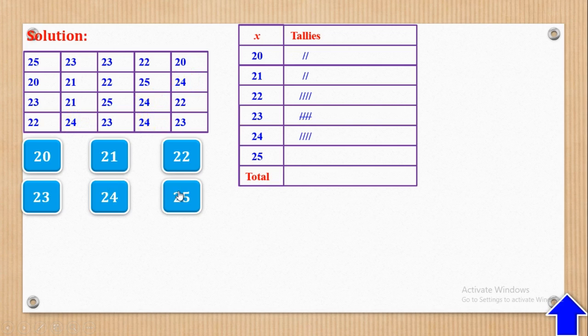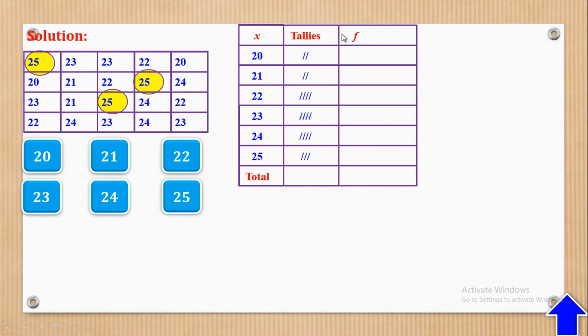Then when you go to 25, you highlight them. There will be 1, 2, 3, and therefore you shall put 3 slashes to denote 3 values of 25. So basically that's how a column of tallies is made. It's simply slashes, but always remember that when you make 5, the fifth one is a cross in between the 4 slashes.